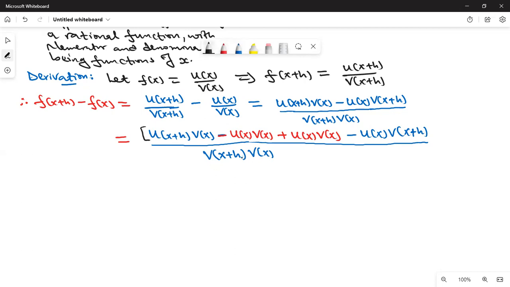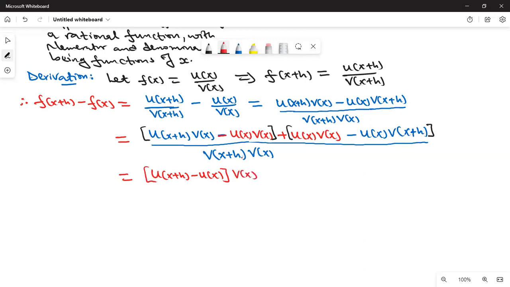The first two should form one group, and this other one should form the next group. So this fraction can be simplified to take the form: look at the first bracket, v of x is common. So this can be written as u of x plus h minus u of x, and what is common there is v of x.